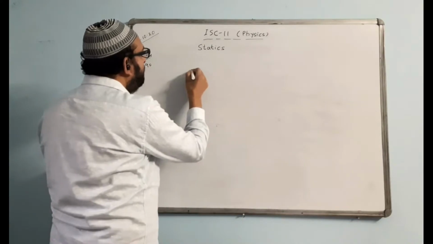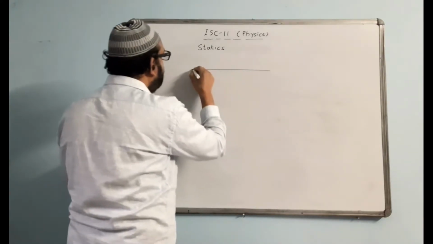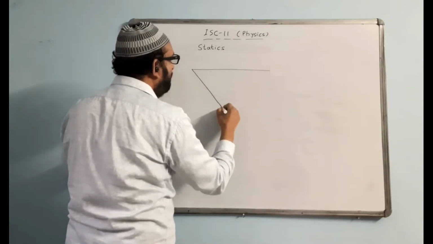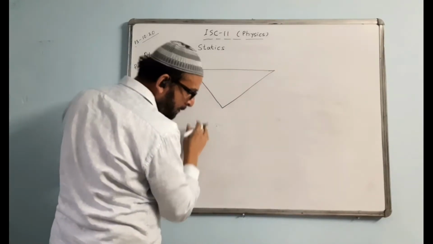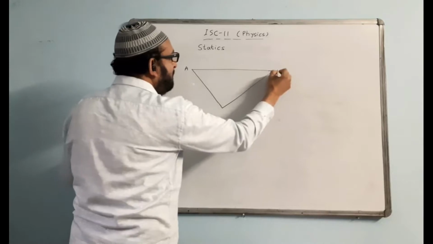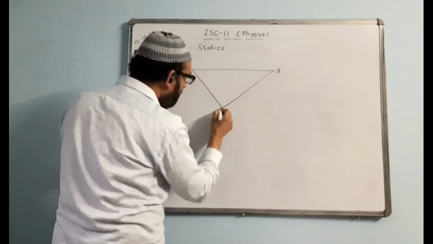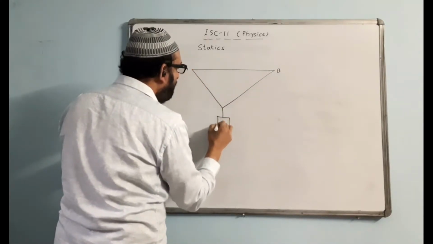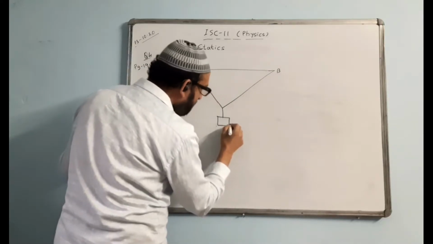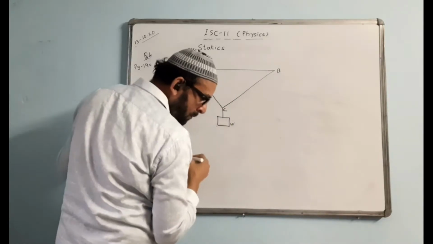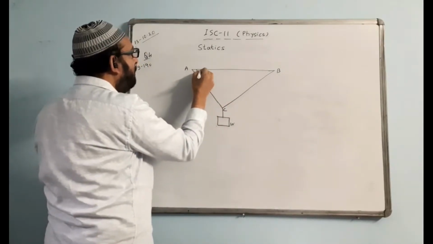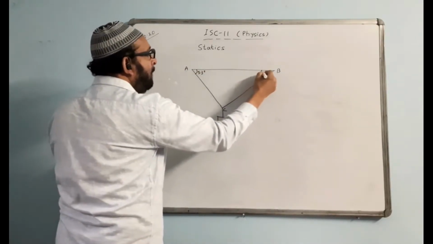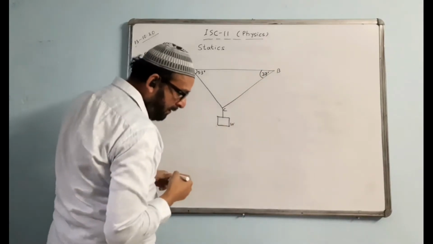They have given a diagram here like this. This is A, this is B. This is W. Angles are given 53 degree, 37 degree.